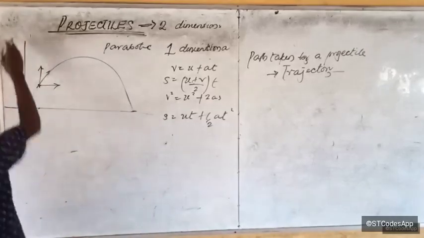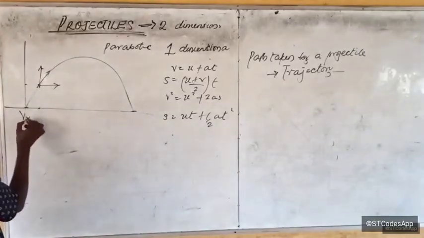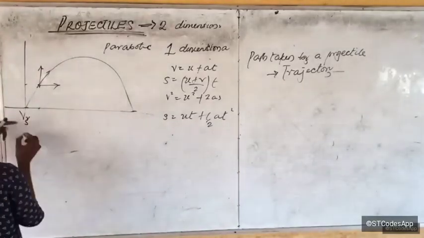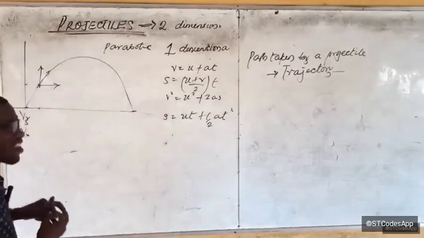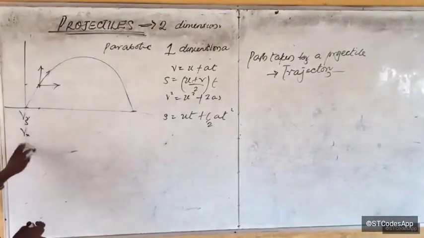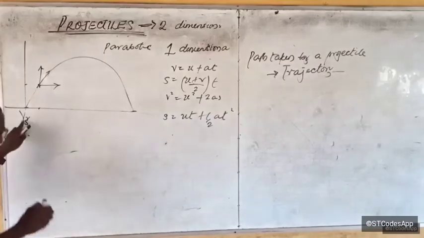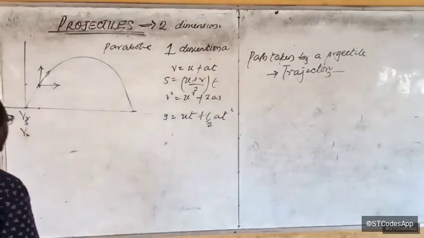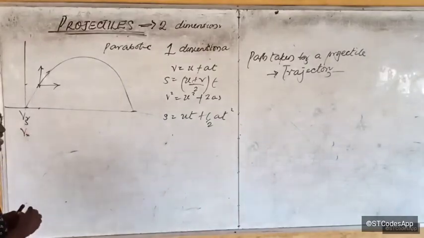So it has a vertical velocity, which we call Vy, and a Vx, or V sub y and V sub x. Meaning that it has a velocity along the y plane and a velocity along the x plane. Is that okay? So the velocity along the y plane is going to be called Vy, and the velocity along the x plane is going to be called Vx.